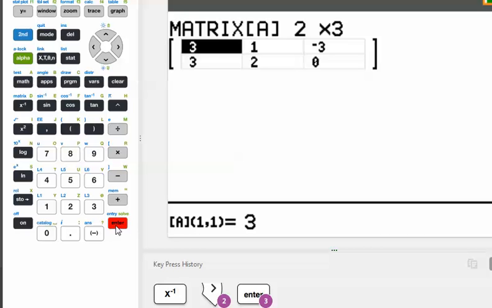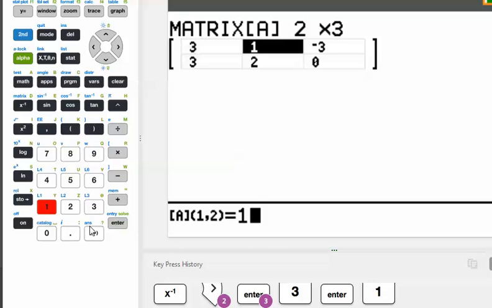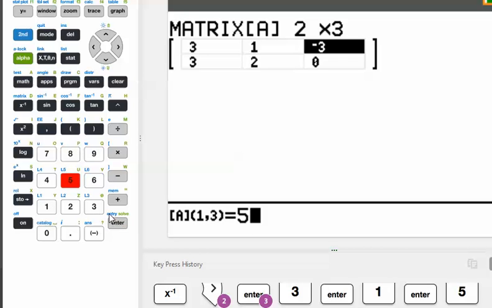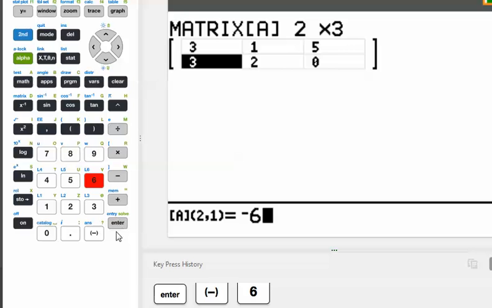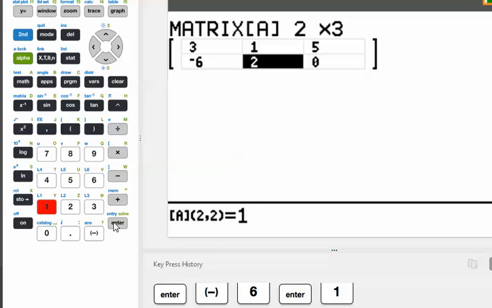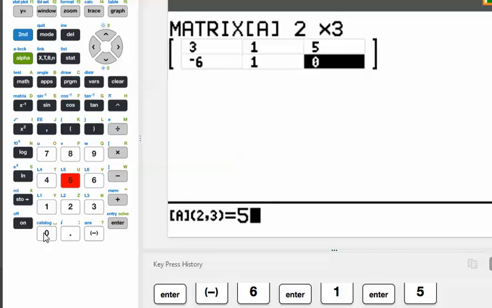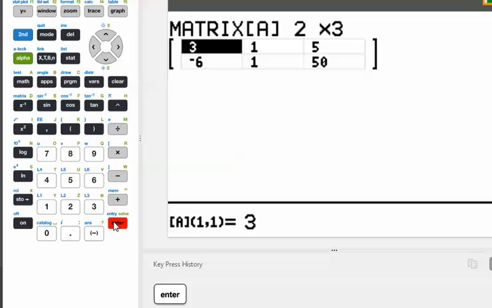Now let's put in the numbers. We had a 3, a 1, and a 5. I'm just checking my work. A -6, a 1. I'm going to sneeze. I hope I don't sneeze in the microphone. And a 50. Okay. All right. So here we go. Now we have our matrix in there.